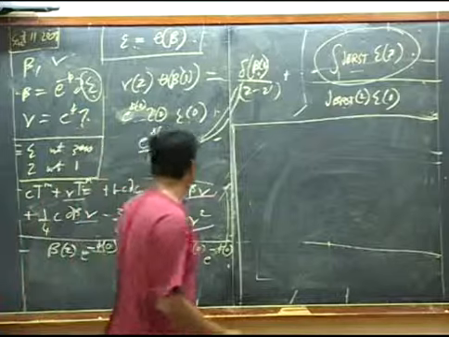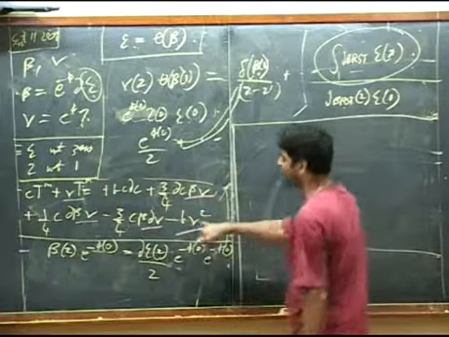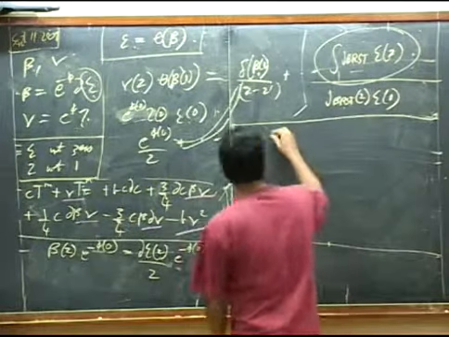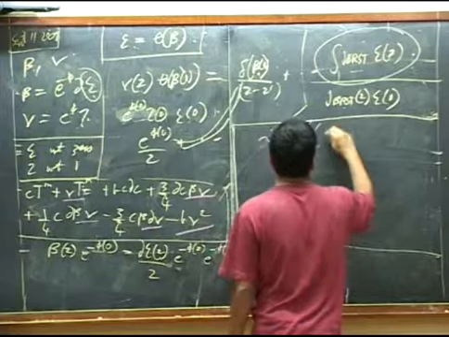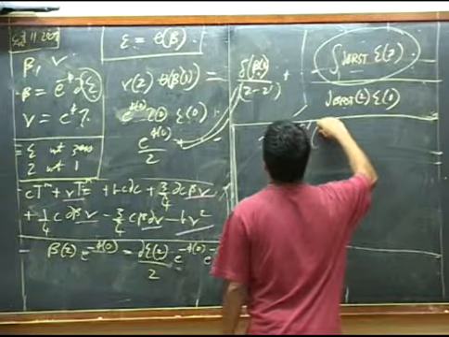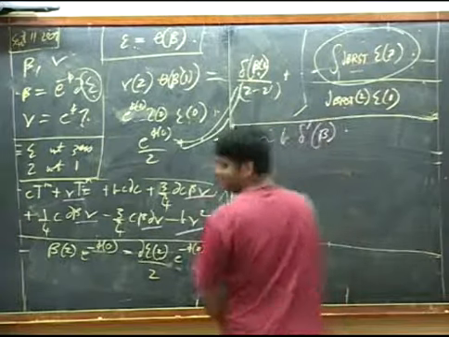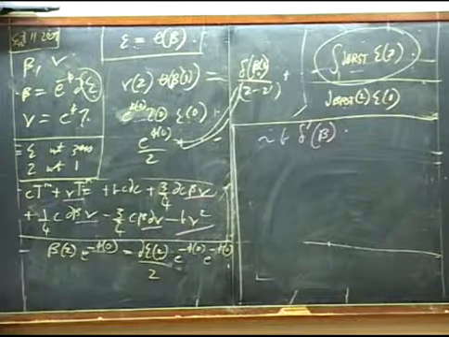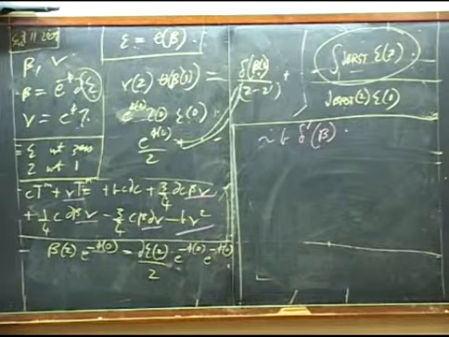So contracting it will give you two derivatives of the theta function. So it gives you a term of the form beta times delta prime of beta.